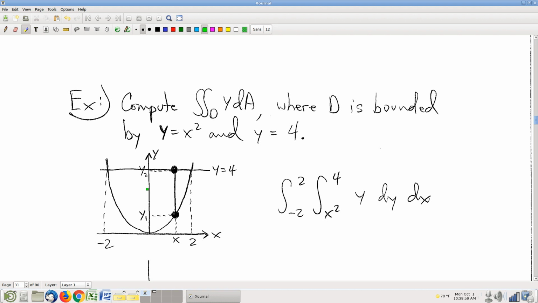Okay, so now for a given value of x, we're going to fix a value of x somewhere between -2 and 2, and then for that value of x, there's what our y slice looks like. So our y integral, well, let's see here. The lower bound comes from that point.